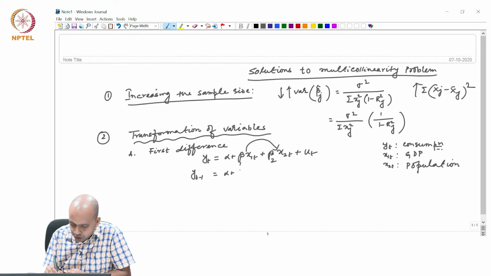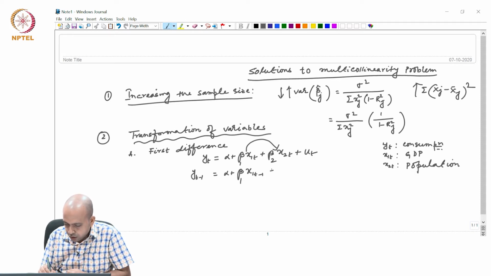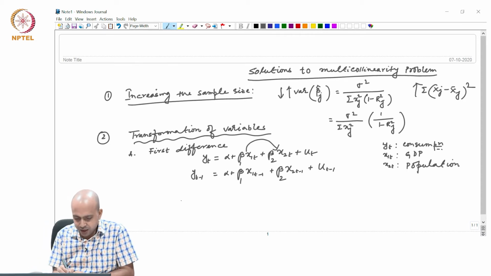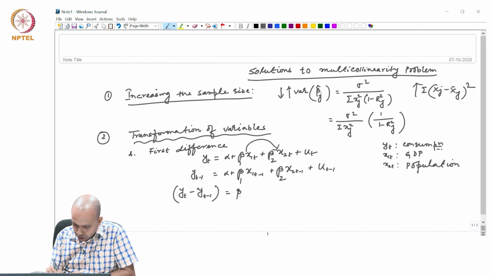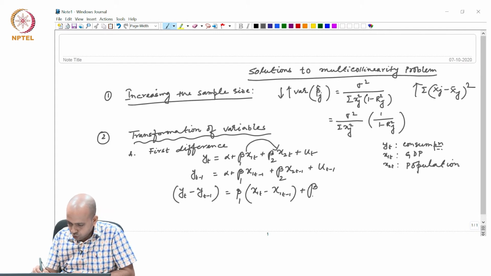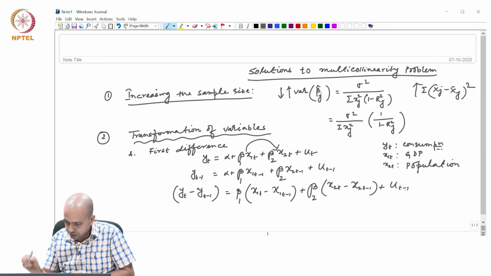This would become y t minus 1 equals alpha plus beta 1 x 1 t minus 1 plus beta 2 x 2 t minus 1 plus u t minus 1, and then you take y t minus y t minus 1 equals beta 1 (x 1 t minus x 1 t minus 1) plus beta 2 (x 2 t minus x 2 t minus 1) plus (u t minus u t minus 1).